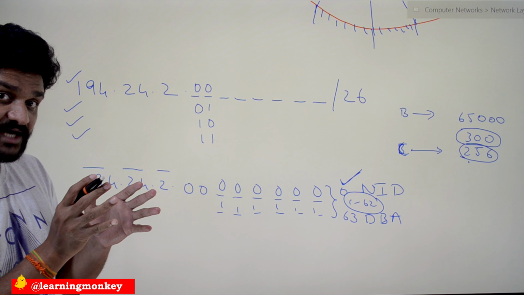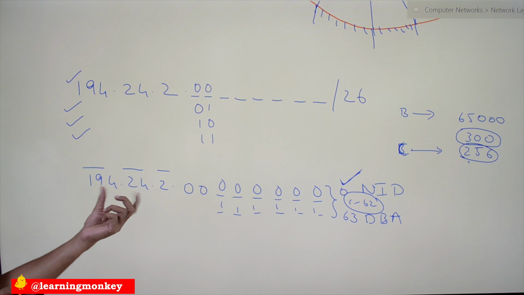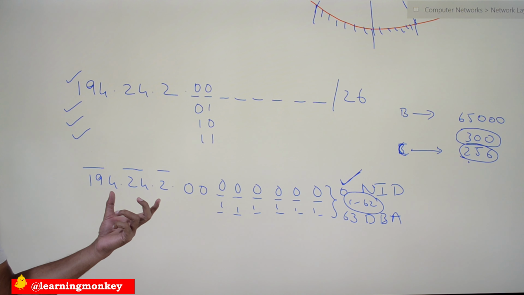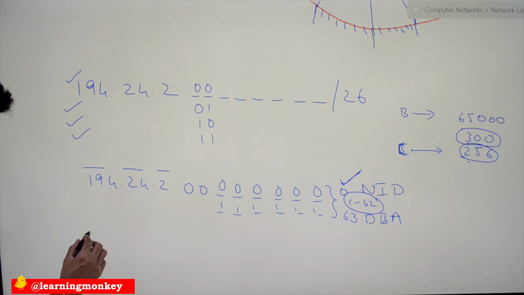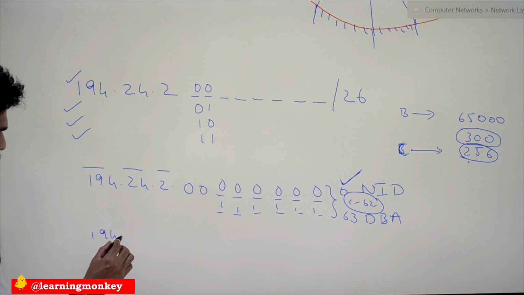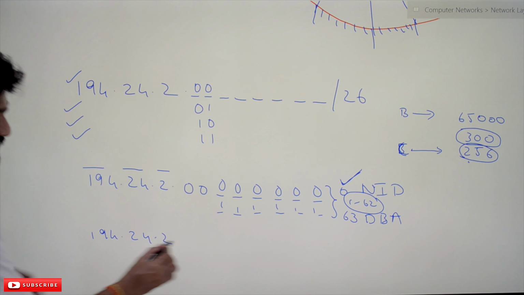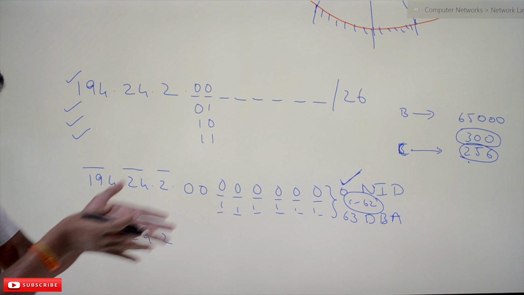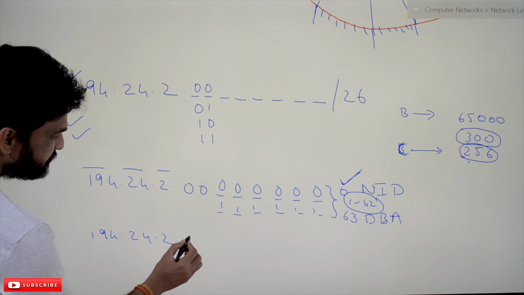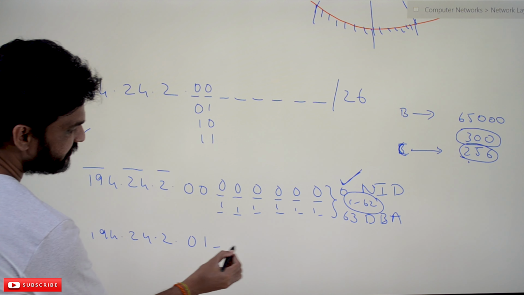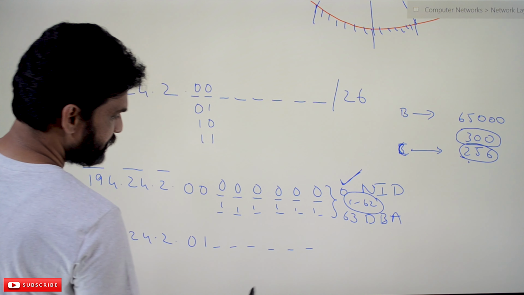The other possibility with this part used as the network part is 194.24.2, another piece of cake that may be given to you. Try to get that point. I am stressing it again. So it is 01, and the remaining 6 bits are for host IDs.